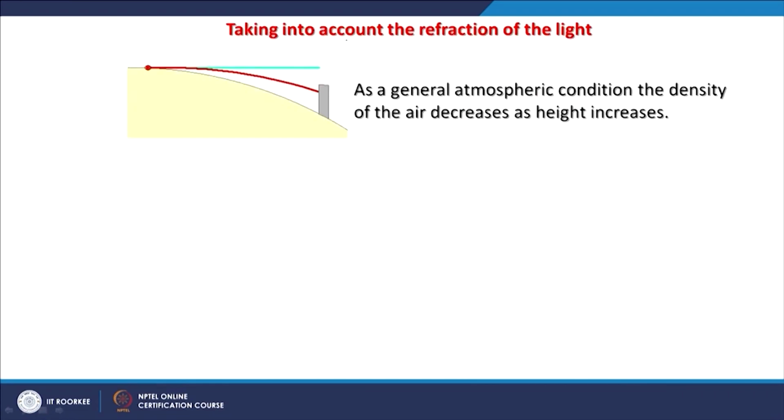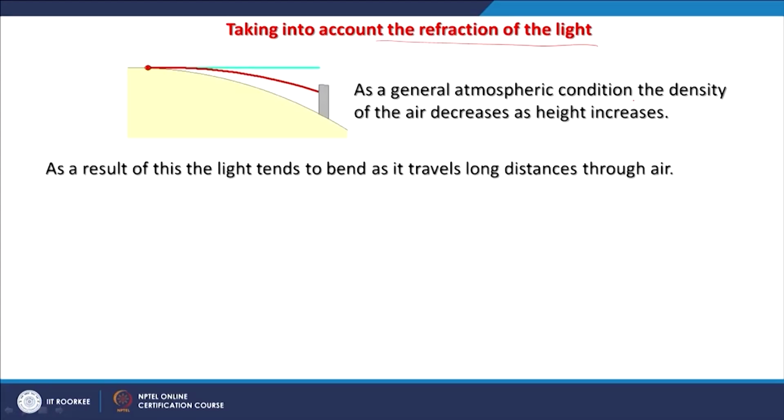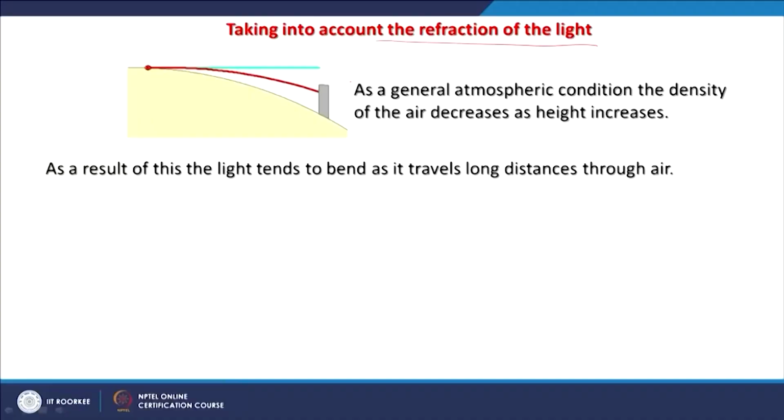Taking into account the refraction of light, as a general atmospheric condition, the density of air decreases as height increases. So that will also play its own role. And the result of this would be that the light tends to bend. There it was sinking because of the curvature of the earth. Here, not only the sink because of the curvature of the earth, but light too will bend.